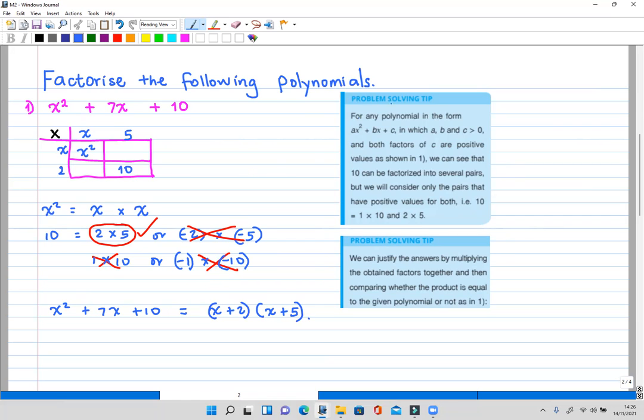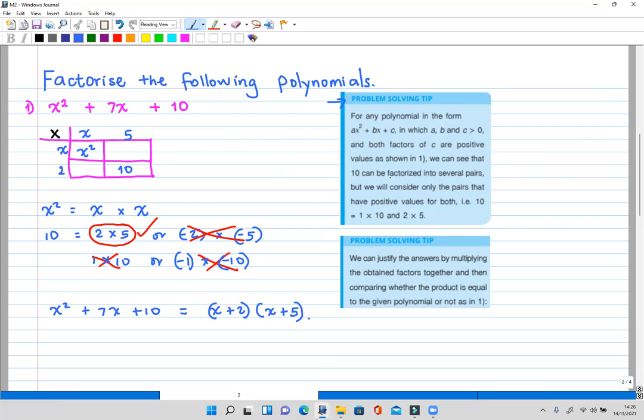Now, note this problem-solving tip. For any polynomial in the form of ax squared plus bx plus c, in which a, b, and c are greater than 0, in other words, you don't have any negative, as you can see in example 1, and both factors of c are positive values as shown here in example 1.